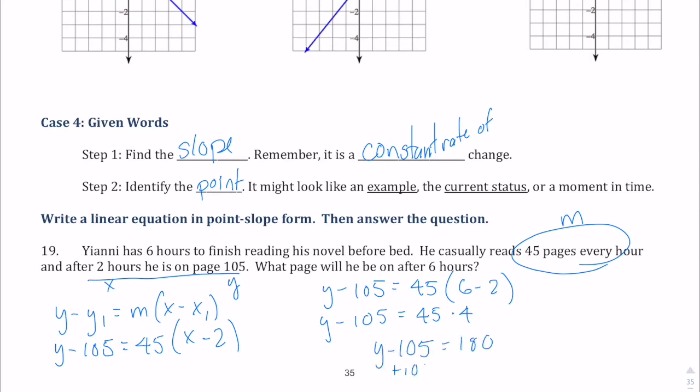We'd add 105 to both sides, and we would get y equals, oh, what did I do right there? I don't know what that says. Add 105 to both sides, so y would be equal to 295. So that's the page that Yanni is on after 6 hours. A little bit out of room here, but Yanni is on page 295 after 6 hours.